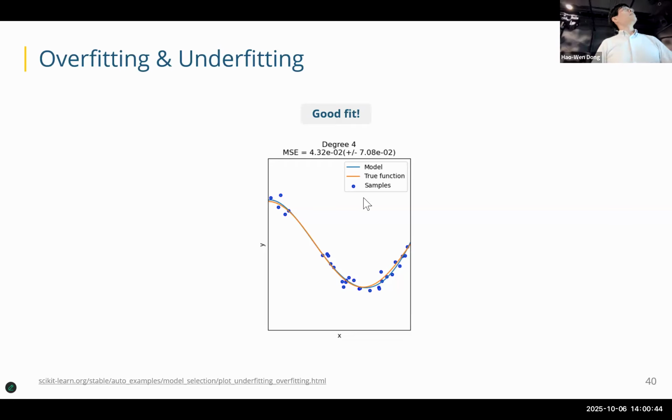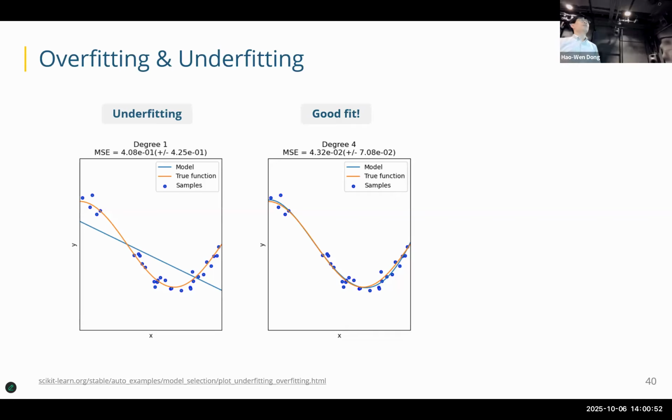And the blue one is what you get when you have a degree 4 polynomial to fit it. Underfitting is when the model is definitely not expressive enough to capture your data. In this case, we just use a degree 1, linear function to fit this data. It doesn't really work. As you can see, this blue line is so far away from all these samples.